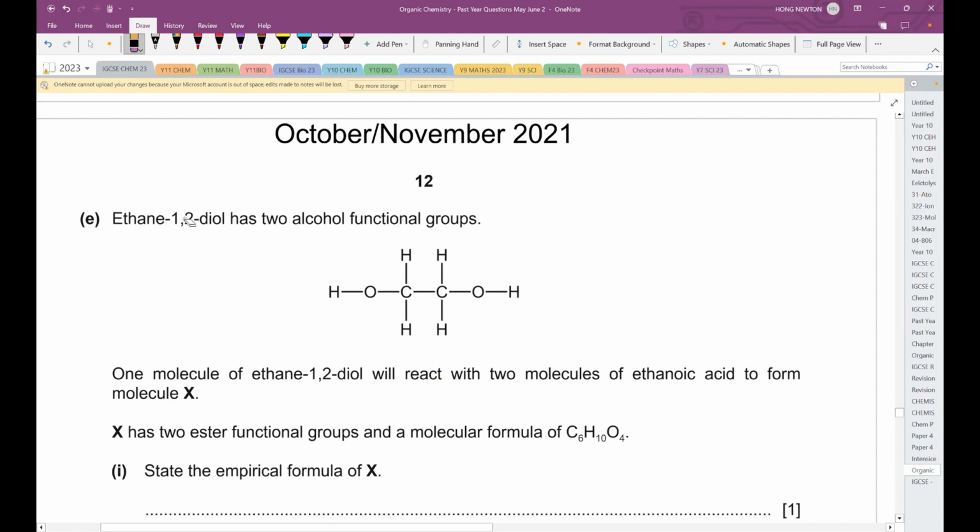Okay, ethane-1,2-diol has two oxygen functional groups.